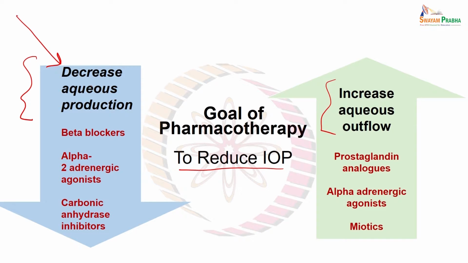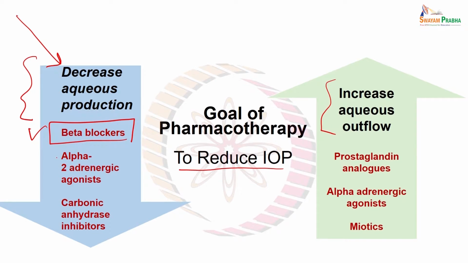Decreasing aqueous humor production is by beta blockers, because beta receptors are present in the ciliary body and responsible for aqueous humor production. So, if you selectively or preferentially block beta receptors in the area where it is producing secretion, this will be useful.